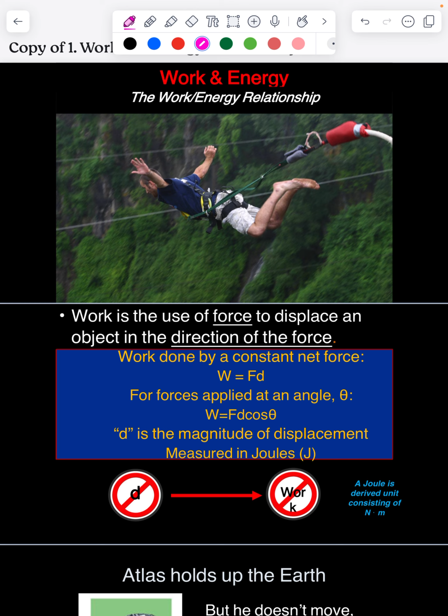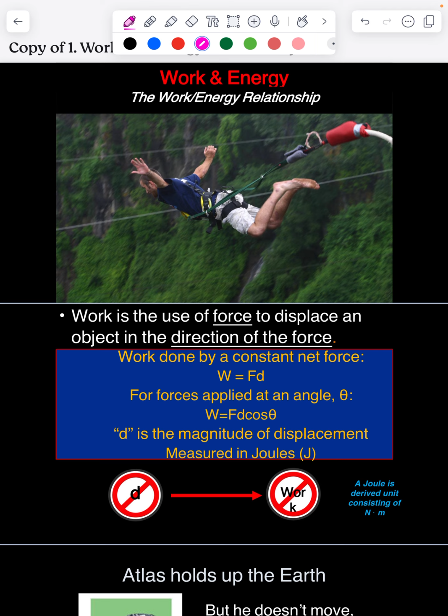All right, so the first thing that we are going to talk about is the physics quantity of work. Now, the physics quantity of work is a lot different than, say, the definition that we give, like, I am at work right now, I am doing my job. All right, so it's not the same thing.